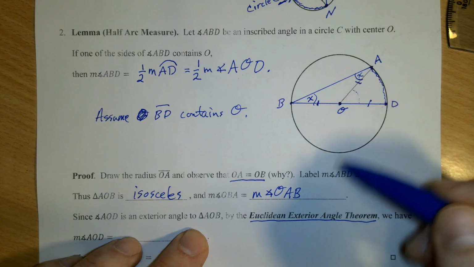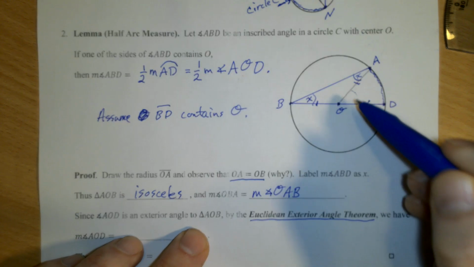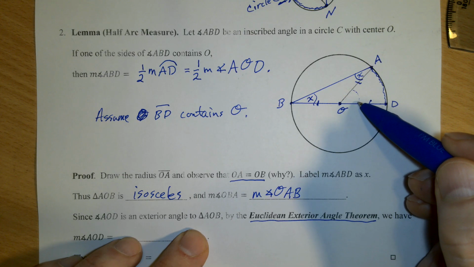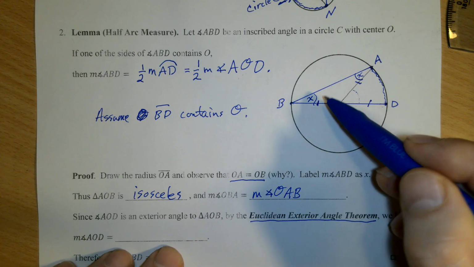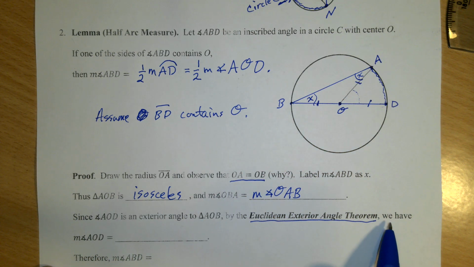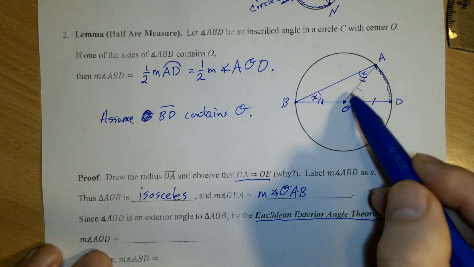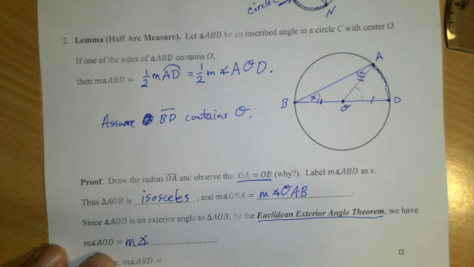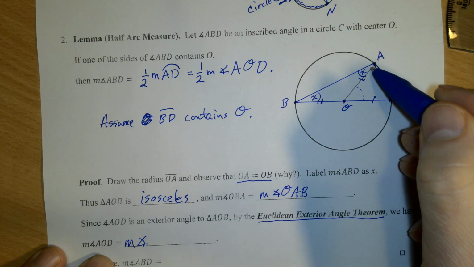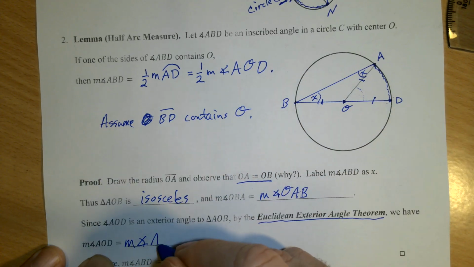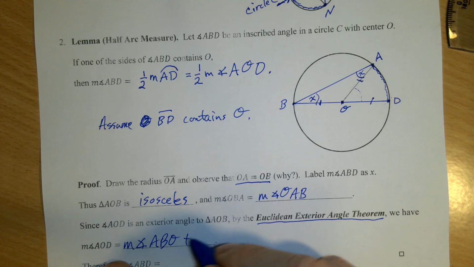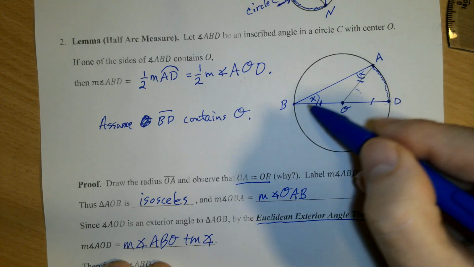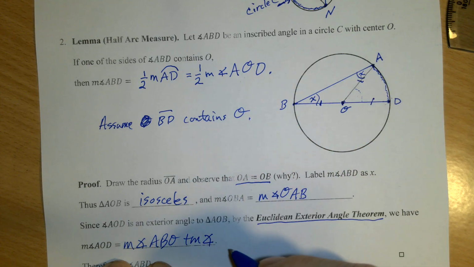And in the Euclidean exterior angle theorem, we know that the measure of this angle is equal to the sum of the two opposite interior angles. So let me write this out. The measure of angle AOD, this one right here, is equal to the measure of angle ABO plus the measure of angle BAO.